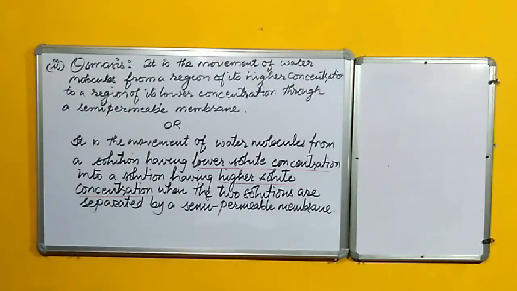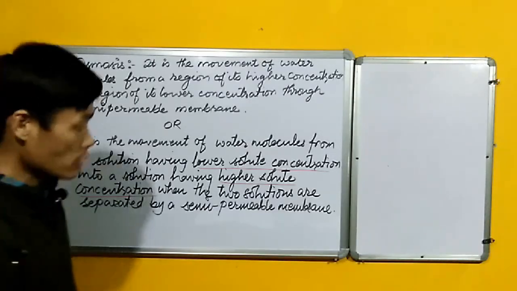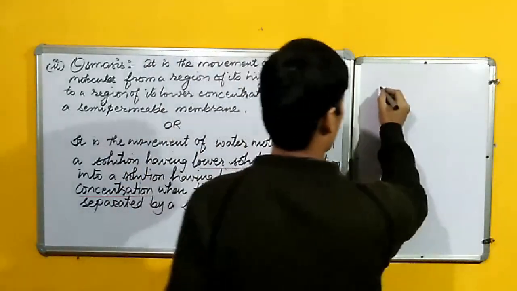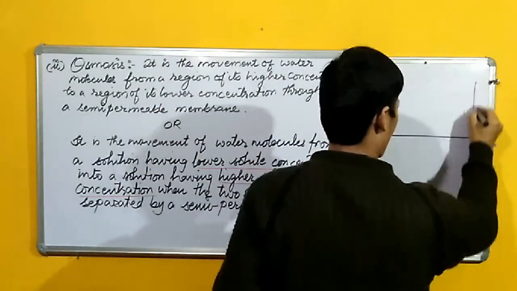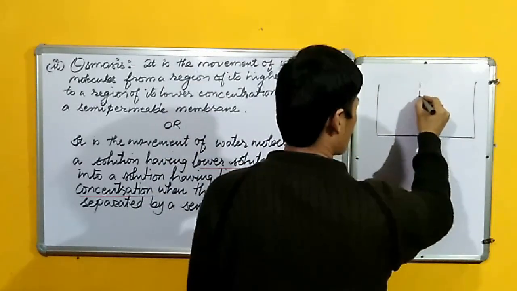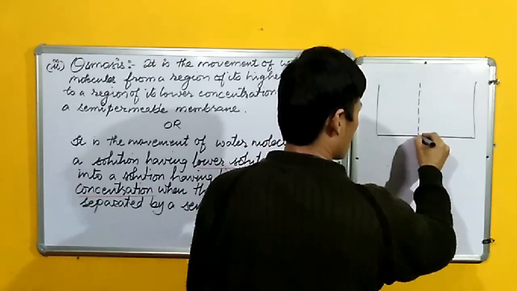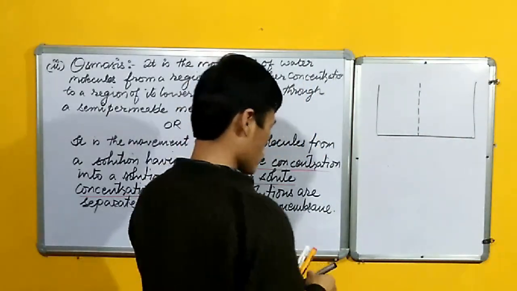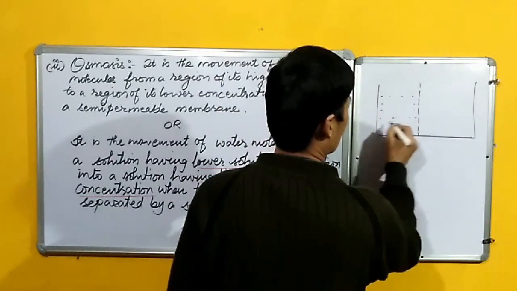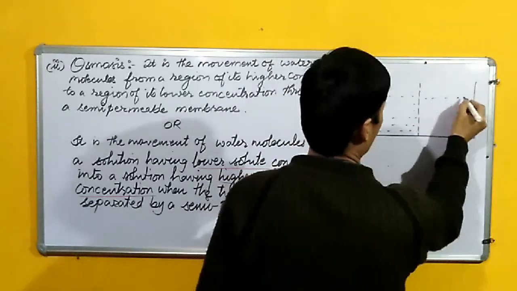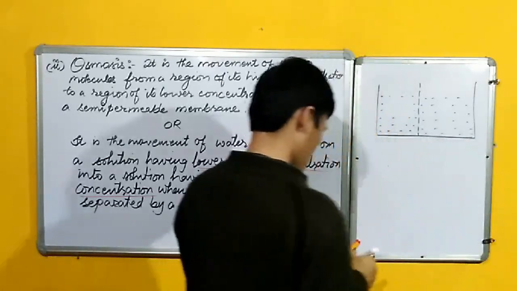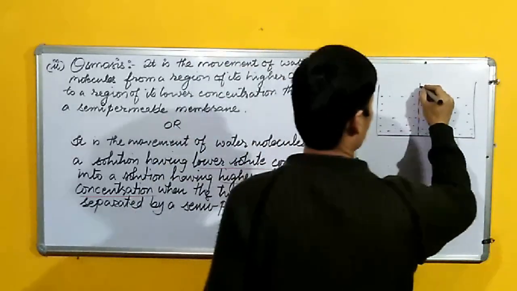So to understand this, we shall now try to understand it with a diagrammatic illustration where we take a container and this container is separating two solutions with the help of a semi-permeable membrane.